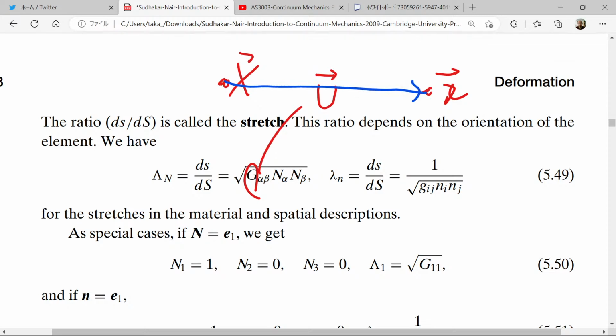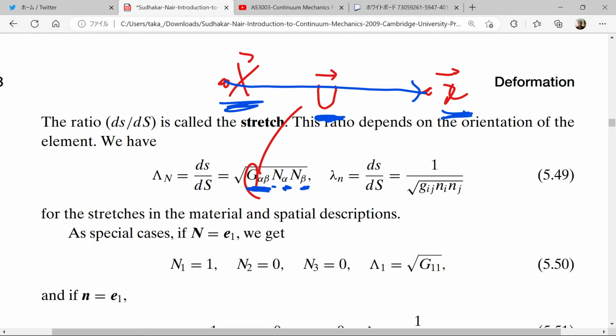So U contains both components. You connect large X and small x. So apparently, it looks as if you have only alpha, beta in this equation, but G implicitly contains the information of U, and U contains the information of small x.